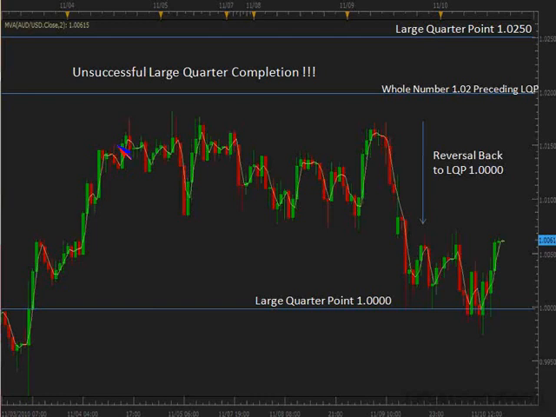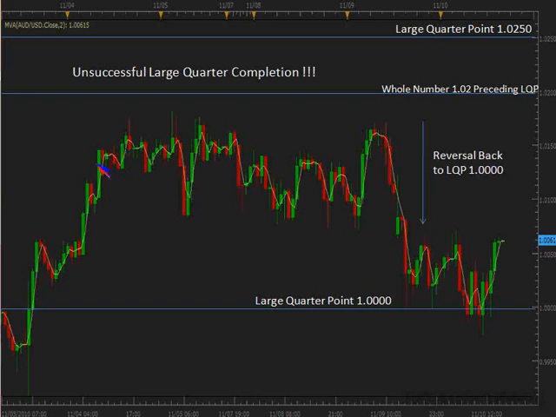And not to worry, as a result of that, we also know what is the next move that we can anticipate. In most instances, the unsuccessful completion of a large quarter leads to exhaustion and a reversal that takes prices back to a preceding large quarter point.